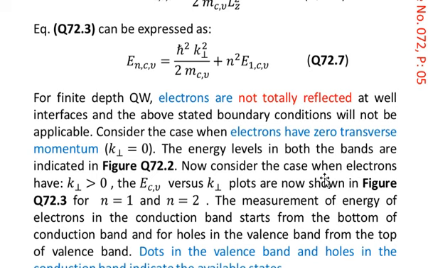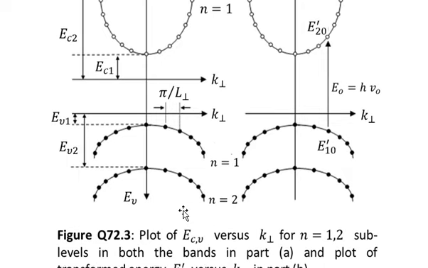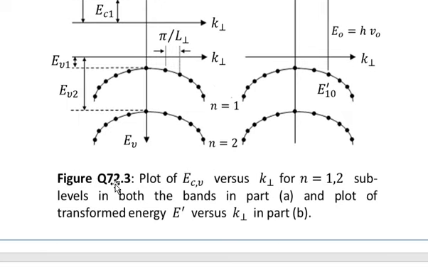Now consider the case when the electrons have k perpendicular greater than 0. E_nCV versus k perpendicular plots are shown in figure 72.3 for n equal to 1 and n equal to 2. So let me show you that figure. This is figure 72.3.